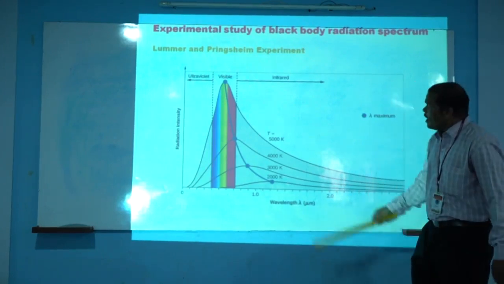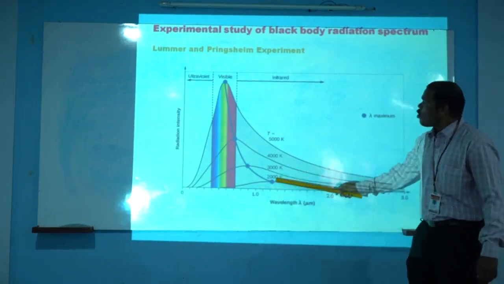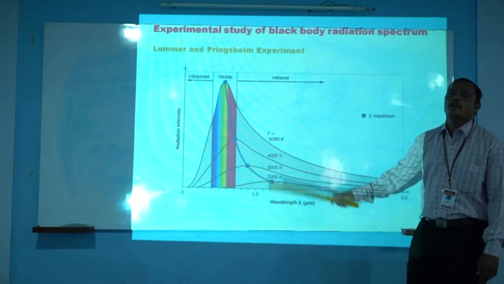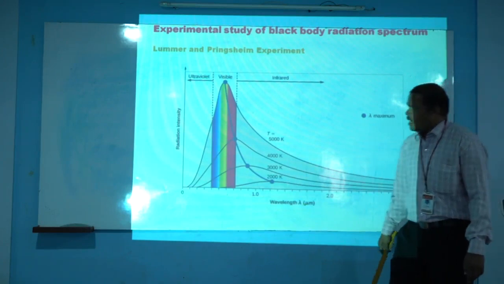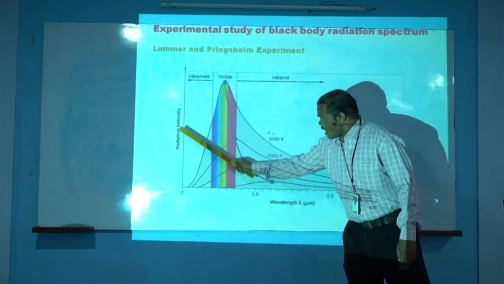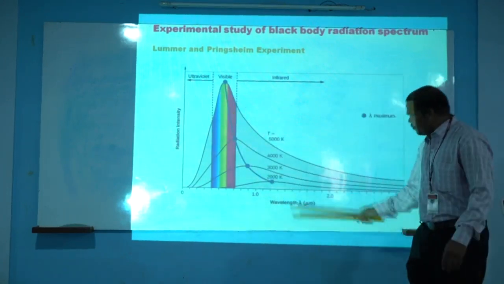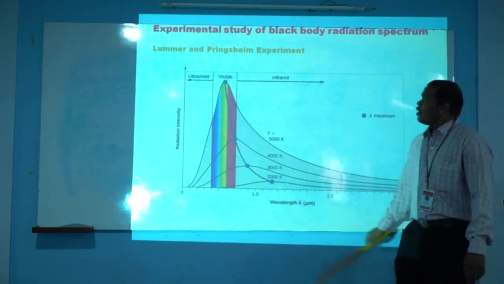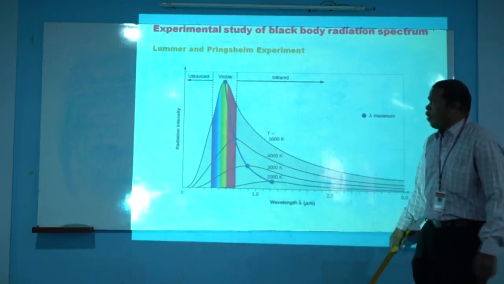Secondly, when temperature is not constant, then the curve is not uniform. That means the peak of the graph of radiation intensity versus wavelength is not uniform.